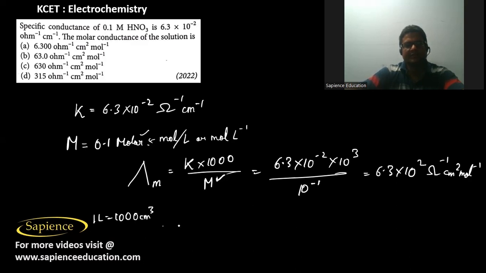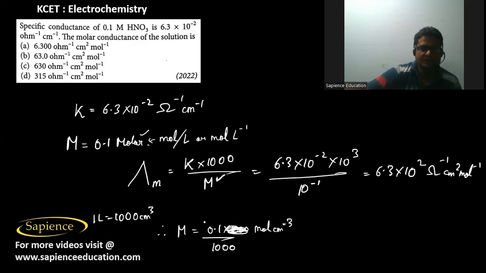So if the molarity is 0.1 mole per liter, we can say it is 0.1 by 1000 mole per centimeter cube.